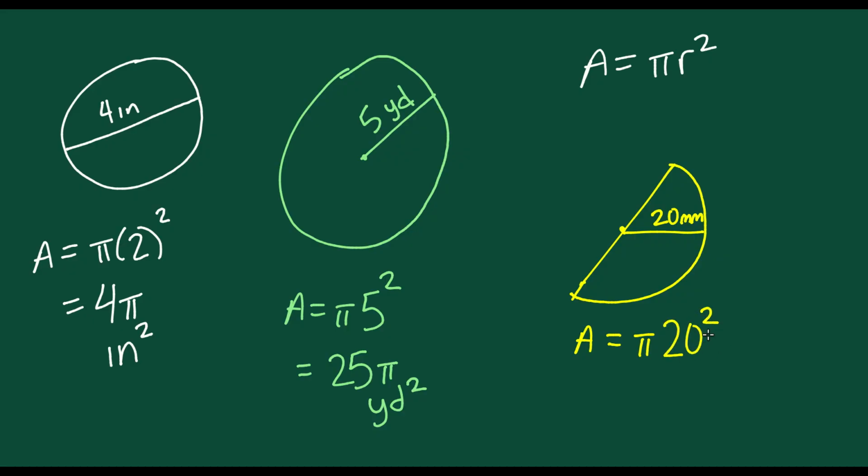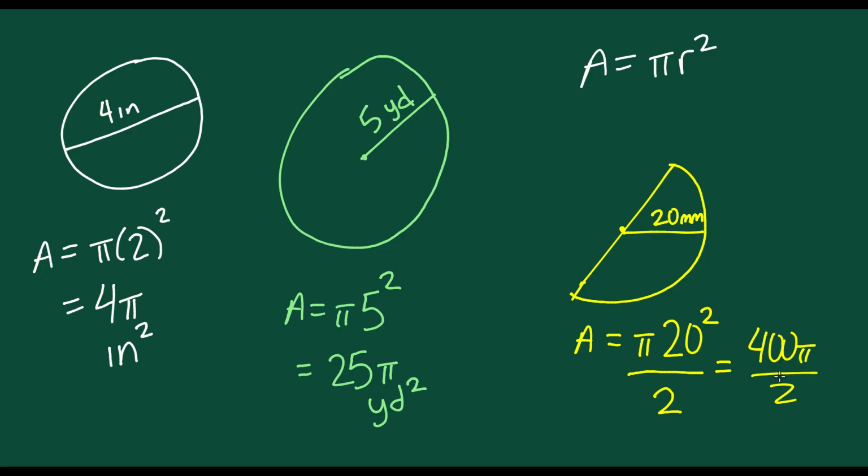But since this is a semicircle, half of a circle, remember to divide by 2. 20 squared would be 400, so 400 pi over 2.